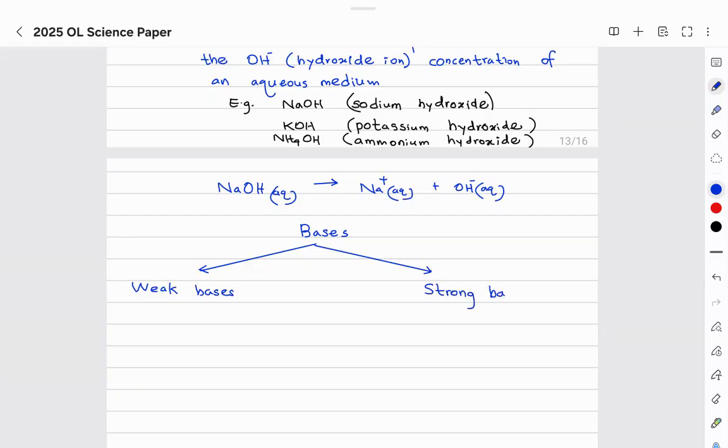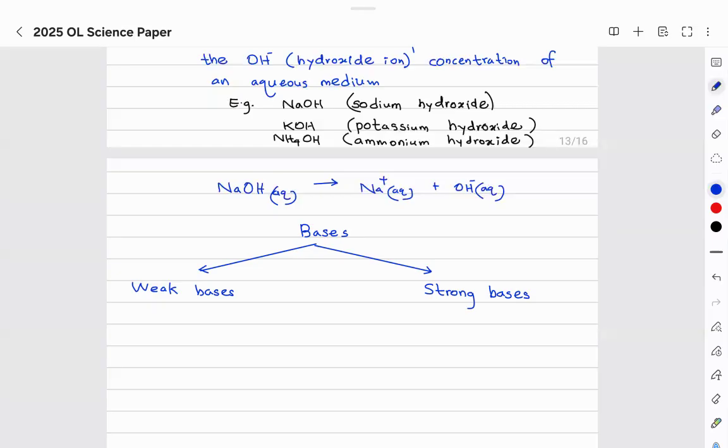What does a weak base mean? A base which is partially dissociating, incompletely ionizing. And what does a strong base mean? A base which can completely ionize in an aqueous medium. Same definition as in acids.